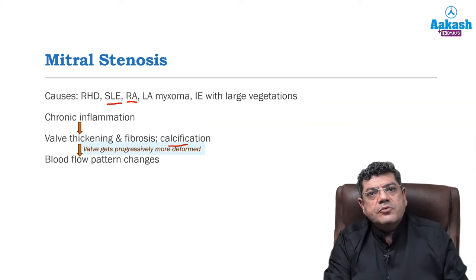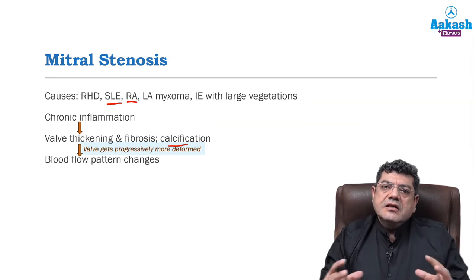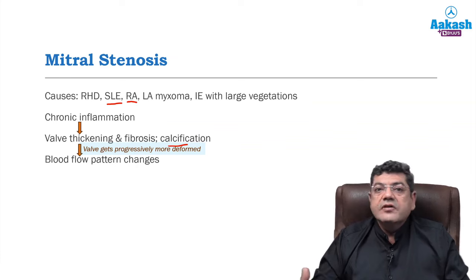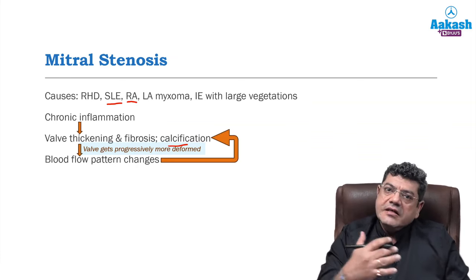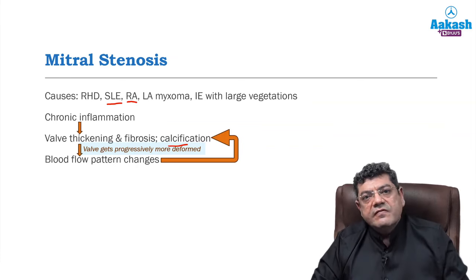The valve gets progressively more and more deformed, and this sets up a vicious cycle, right? And therefore it propagates itself even if there are no further episodes of acute rheumatic fever. Of course, if there are, then the progression from the asymptomatic to the symptomatic stage is faster.